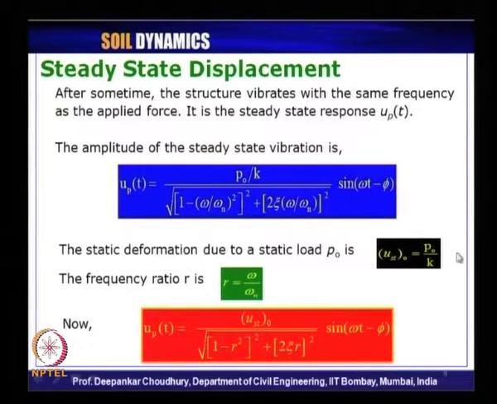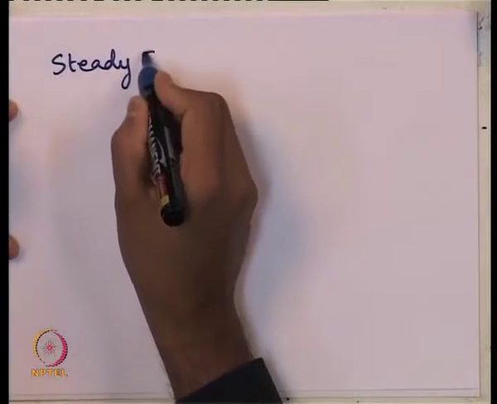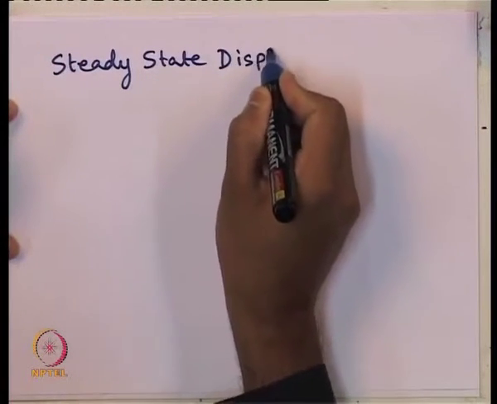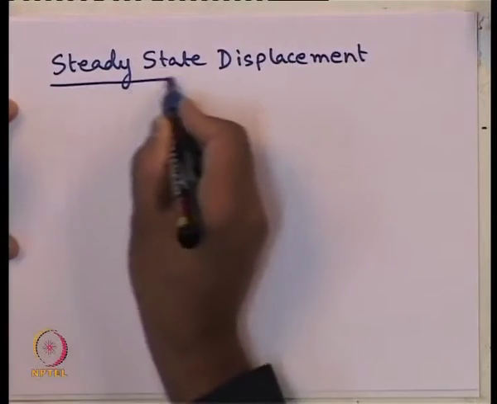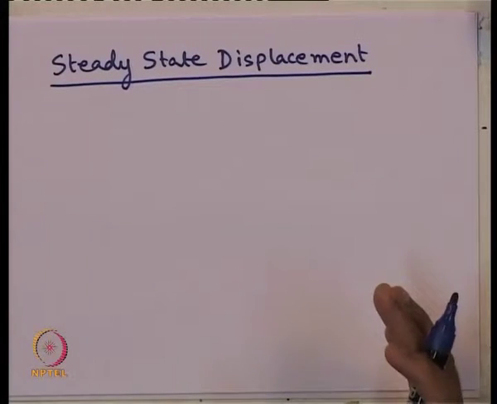Now, from this steady state displacement, let us see what other things we can derive. Let me write down the steady state displacement on which we now want to concentrate. Why? Because for any system, as engineers, what do we want to know? How it performs in the long run.